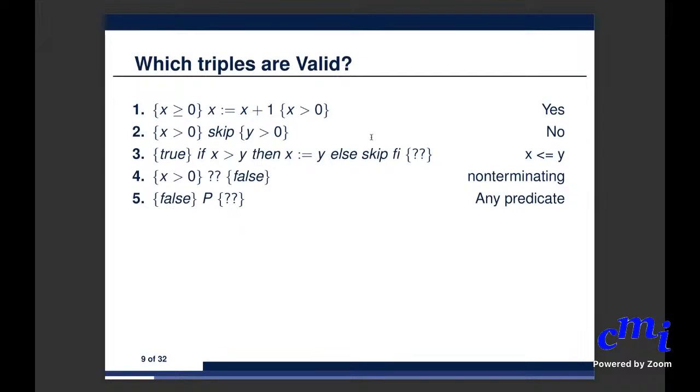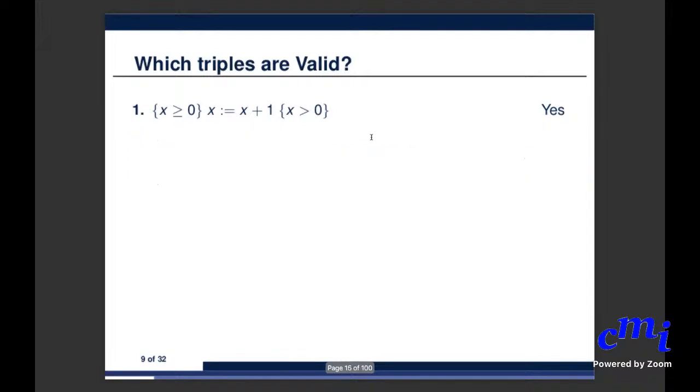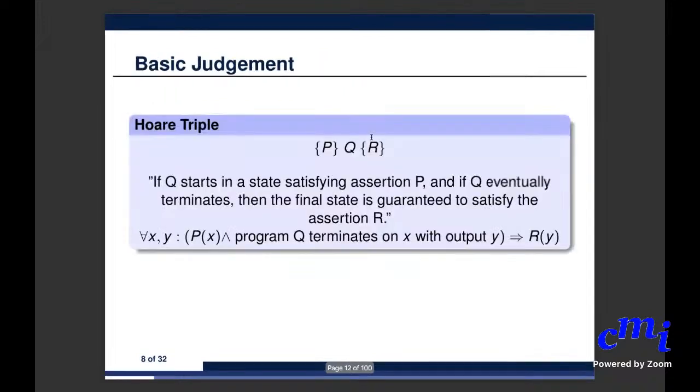This is because of the way Hoare triple validity is defined. Look at the definition of validity of a Hoare triple. It is implication, okay? It is logical implication. It states that if P of x is true and then you execute the program and if it terminates, then R should be true.